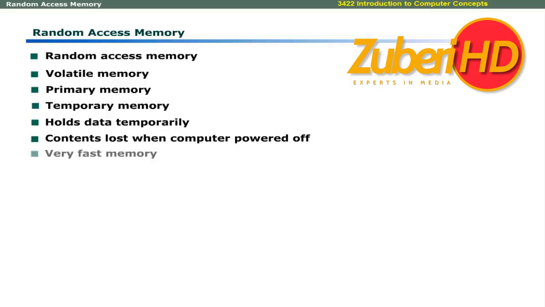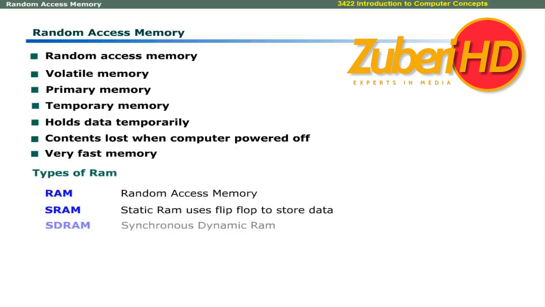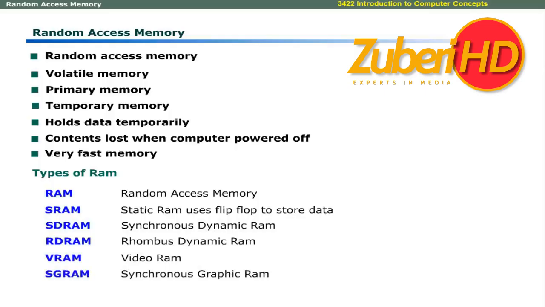RAM is a very fast memory as compared to permanent memory. Over the past few years, different types of RAM have been introduced. These include DRAM, SRAM, SDRAM, RDRAM, VRAM, and SGRAM.